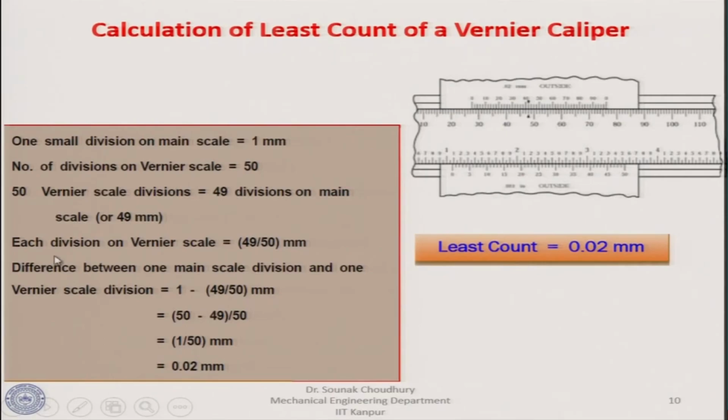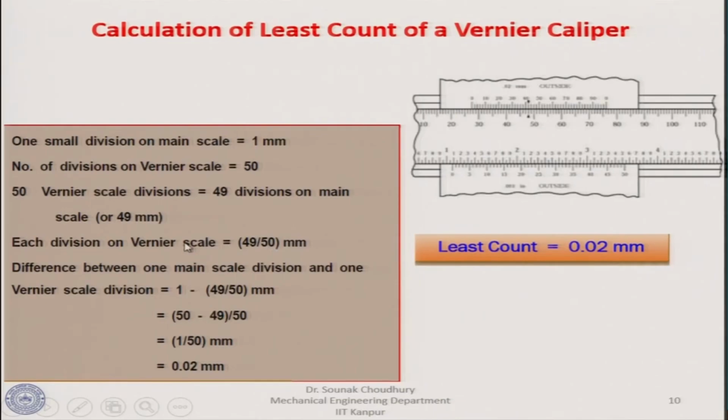So, each division on the vernier scale will be 49 divided by 50 millimeter. Therefore, the difference between one main scale division and one vernier scale division will be 1 minus this, because one small division on the main scale is 1 millimeter, and on the vernier it is 49 by 50. Why 49 by 50?